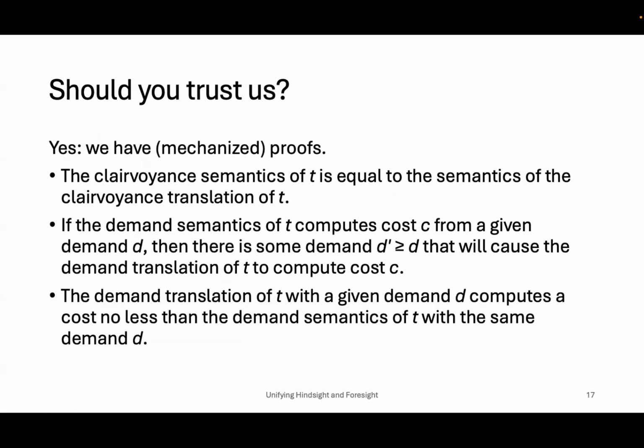The story for demand semantics is a little more complicated. It turns out that the theorems as proven do not give you exactly the same result as demand semantics. I have an argument, I think, for why it should actually be the exact same result, but I haven't run that by anyone yet, so I don't want to make that claim too strongly.